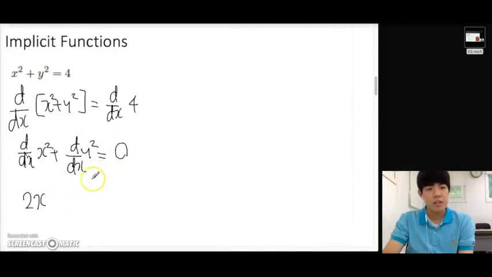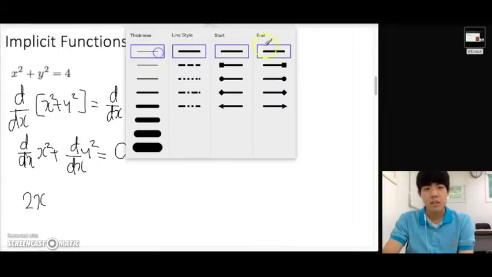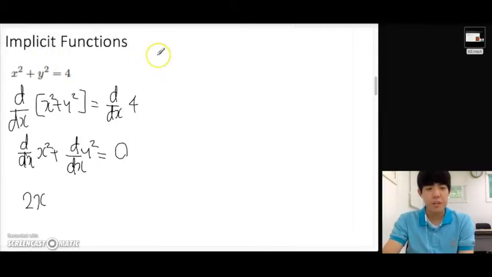Since this is a bit new and complicated, let's do it separately. I'm going to change pen color. So let's just assume h is defined as y squared. Let's take the derivative of h in terms of x.